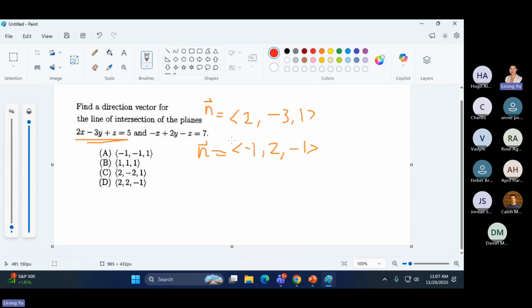We are looking for a direction vector for the line of intersection. I should call them normal vector 1 and normal vector 2. So we focus on the cross product calculation, N1 cross N2.